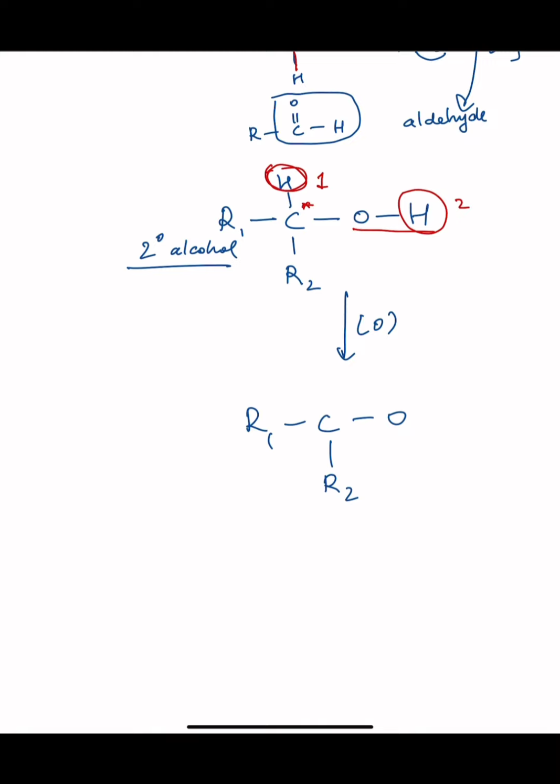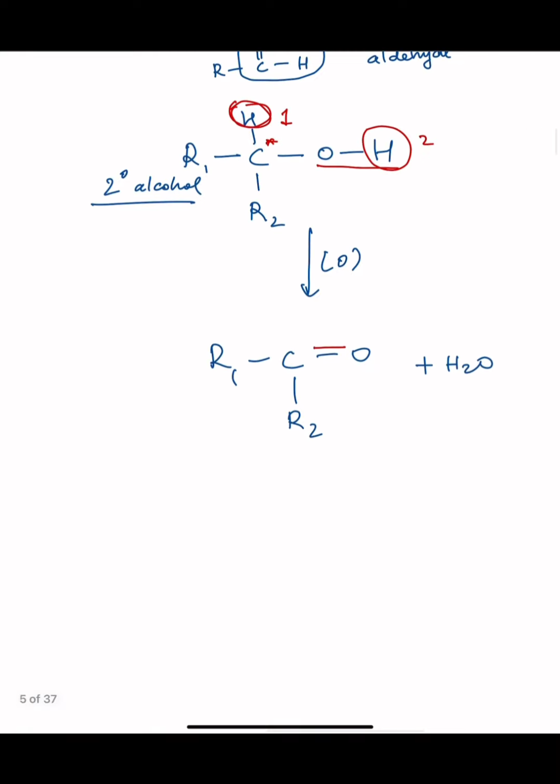This is not okay. I need to have 4 bonds. So this is how I compensate, and the product is water. Okay? And as you see, the way it looks, RCO, R1, R2. When you have a carbon double bonded to oxygen like this, and you don't have any hydrogen, this is called ketone.